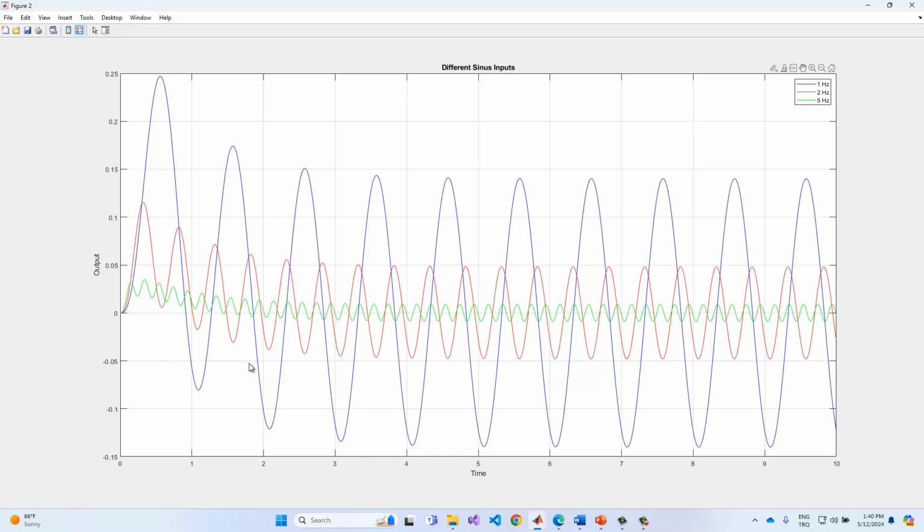And so what about the 2 Hertz? The red line is the 2 Hertz, right? And so this 2 Hertz is smaller than the blue one. If this is the case, the frequency is increased or sped up, and then the magnitude is smaller than this one.